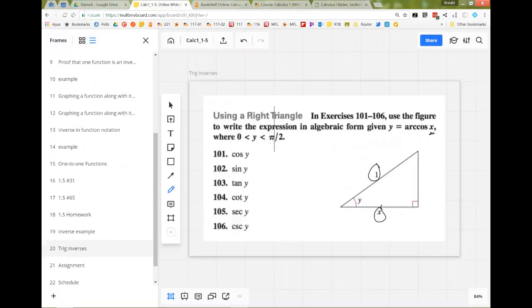Okay, so now that we know that, we can use the Pythagorean theorem to find that remaining side there. So we've got one leg squared plus the other leg squared. Let's call it k, just for a moment. X squared plus k squared equals 1 squared.